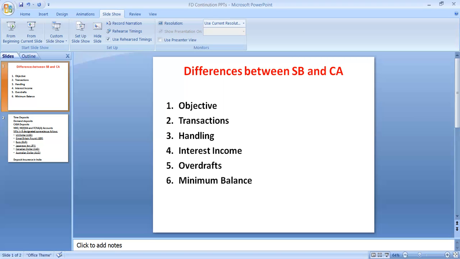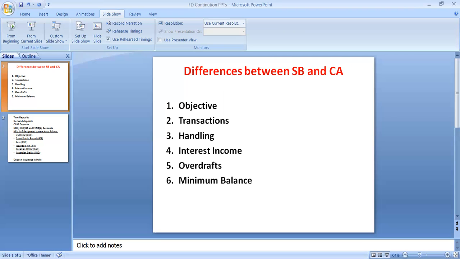Usually or generally, saving accounts need a minimum balance in the bank to keep the account active. I think in the last class you studied it is not applicable to no frill account, correct?